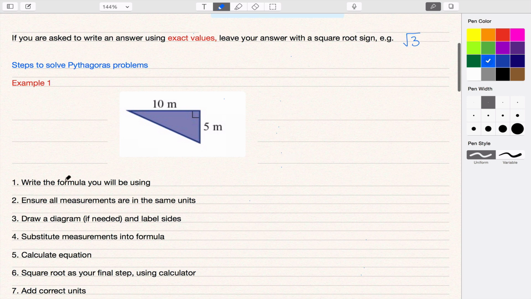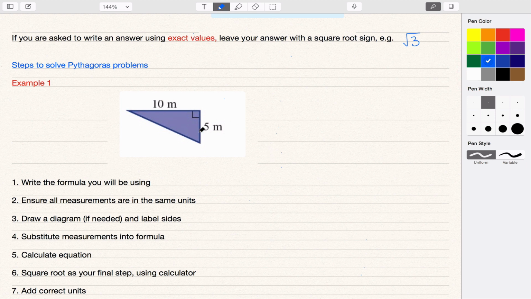The very first step is to write the formula that you'll be using, and you might think that's a bit silly because all of them are going to be the Pythagoras theorem for this type of question. But we'll be doing some different measurement problems soon, and you'll have different formulas for those. So it's important to first of all identify that it is Pythagoras and then write down the rule that you're going to use.